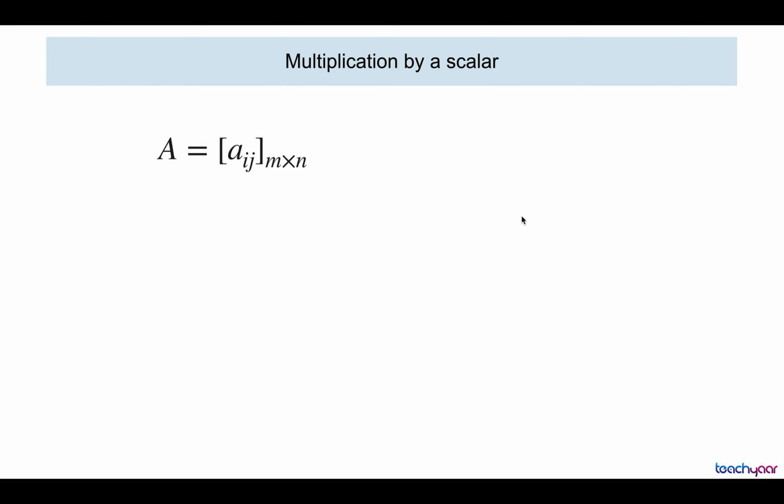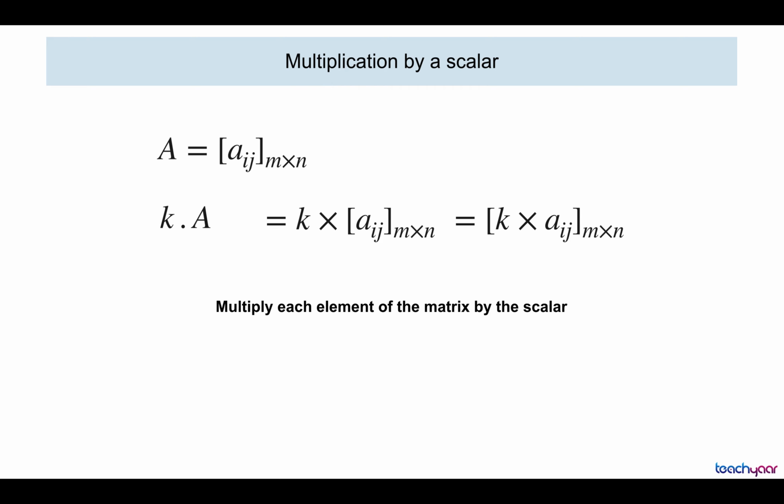So in general notation, if you take a matrix A given by the elements Aij, of order m cross n, which means it's got m rows and n columns, multiplying that matrix with a scalar k means that each element Aij is multiplied by the scalar k, and the result is of the same order m by n. So you start with an m by n matrix, you end up with an m by n matrix. Basically each element of the matrix is multiplied by the scalar.